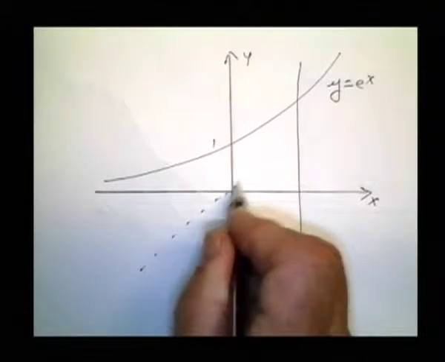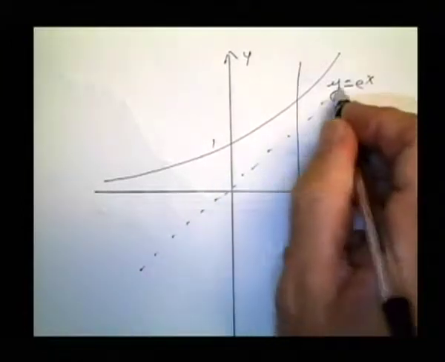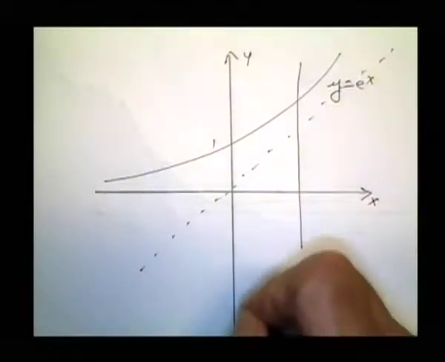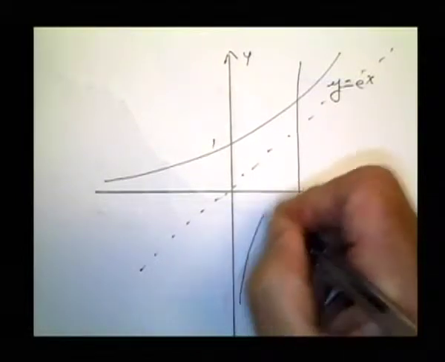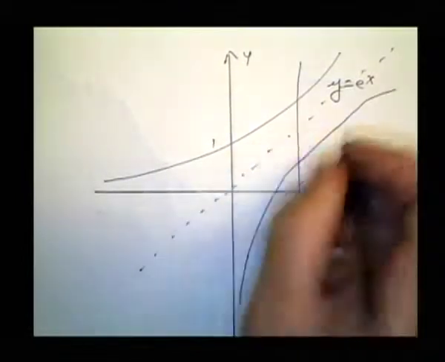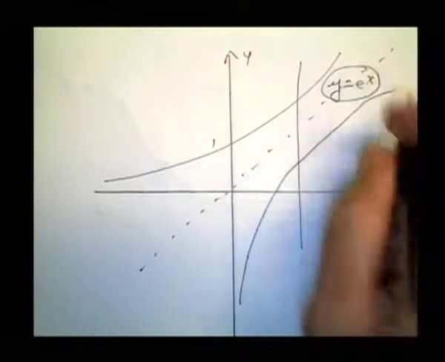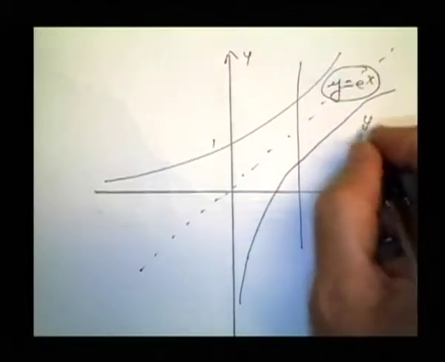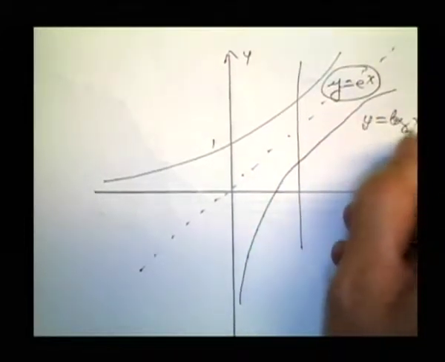Now, what we did a minute ago was speak about y equals e to the x, and that clearly is a function. For one value of x, there's one value of y. If I put in the line y equals x, and I drew the reflection in the line y equals x, I established this as y equals the log of x to the base e.